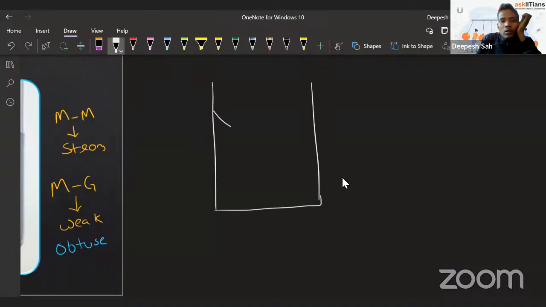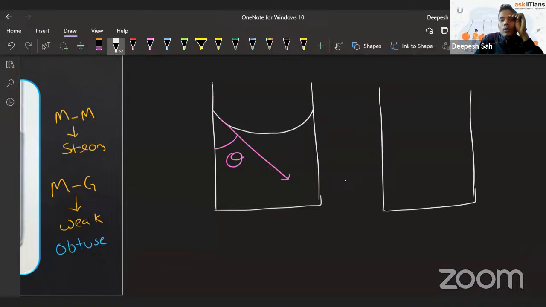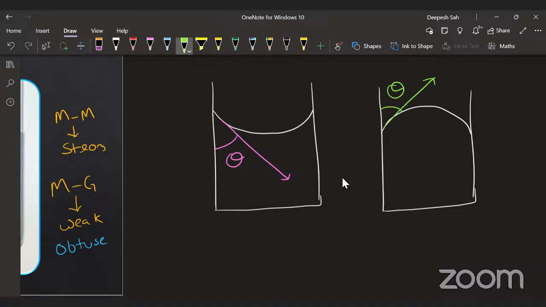If the liquid is having a curve like this, and you make a tangent to this curve, this tangent is making some sort of angle with the container. This angle is known as angle of contact. Same goes on for a convex meniscus. Again, this angle is what we call the angle of contact. Okay, clear?